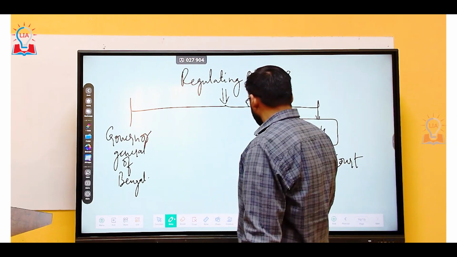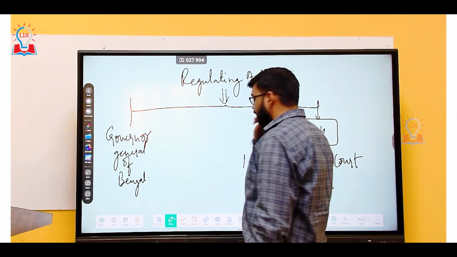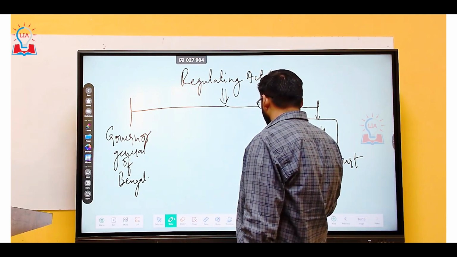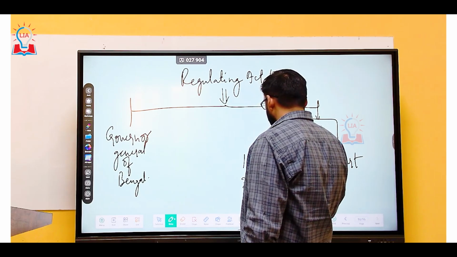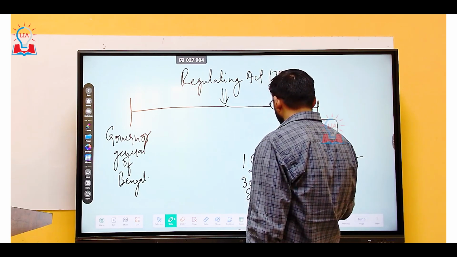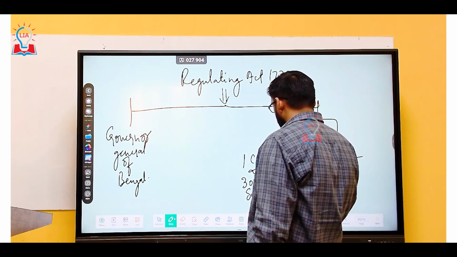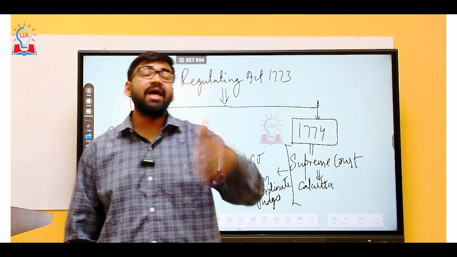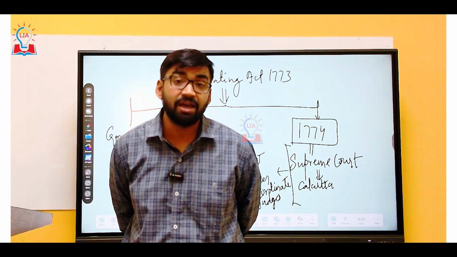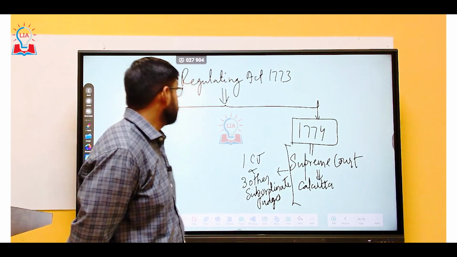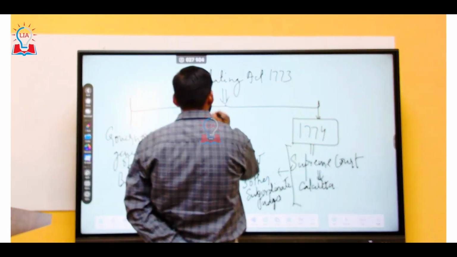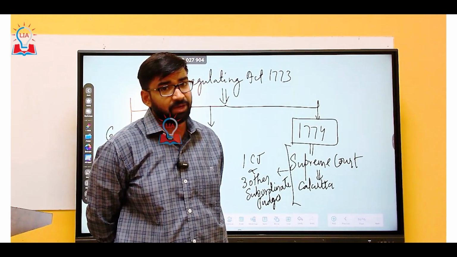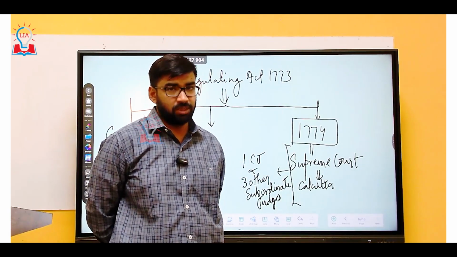One Chief Justice of the Supreme Court and three other subordinate judges. So who was the first Chief Justice of the Supreme Court? Elijah Impey. Clear?